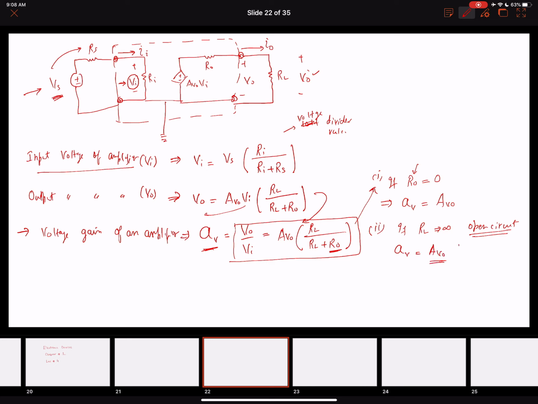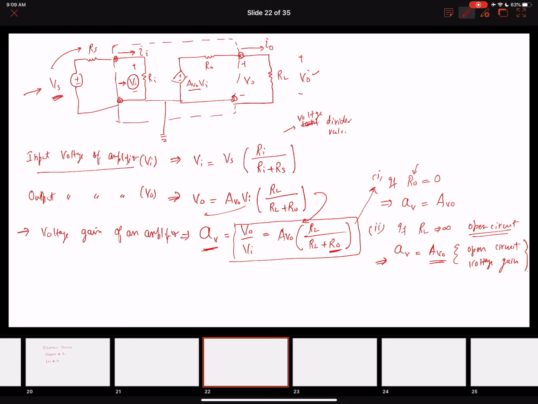So AV naught is also known as the open circuit voltage gain. AV naught is an open circuit voltage gain, considering that when RL is infinite, meaning we have an open circuit at the output, the voltage gain of the amplifier is equal to AV naught, right? That is why it's called an open circuit voltage gain.